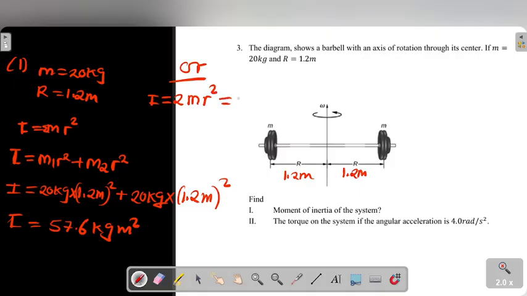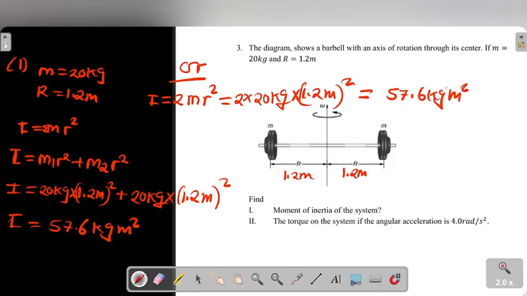The mass is 20 kg, multiplied by 2, then the radius is 1.2 meters, squared. So we have 2 times 20 times 1.2 squared. You're going to get the same answer, which is 57.6 kg meter squared. So that becomes our moment of inertia.